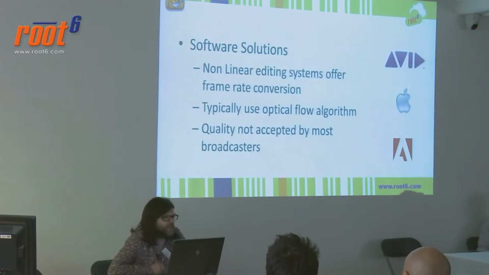Then along came non-linear editing systems and various software transcoding type products, a lot of which again offer frame rate conversion. Things like Media Composer do frame rate conversion, Final Cut Pro offers some, so does Premiere Pro and various other editing systems. But they typically use what we term an optical flow algorithm, which again is a type of motion estimation and compensation, but it doesn't have quite the sophistication which an Alchemist algorithm produces.